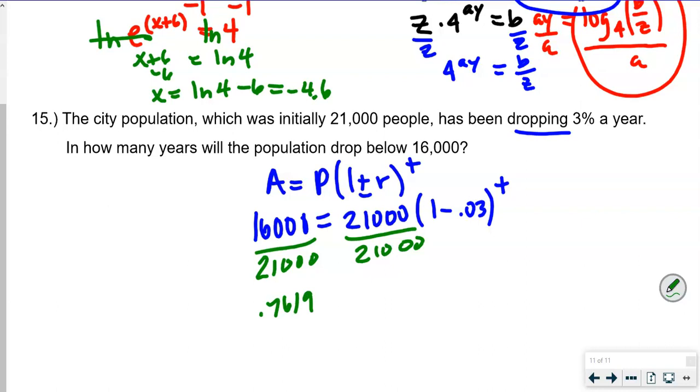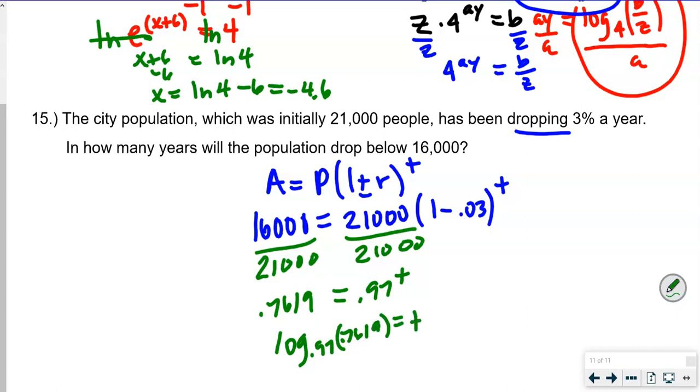And then 1 minus 3% is going to be 0.97 to the t power. So now we're going to take this and write this as a log, okay? So the base is the base is the base. So the log base 0.97 of what's on the other side of the equal sign, our 0.7619, that's what's going to be equal to t.